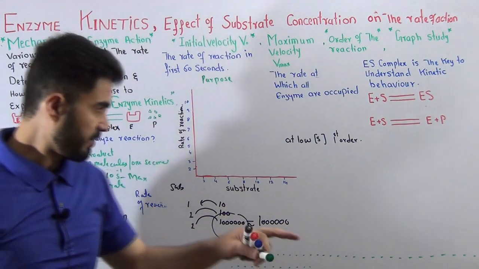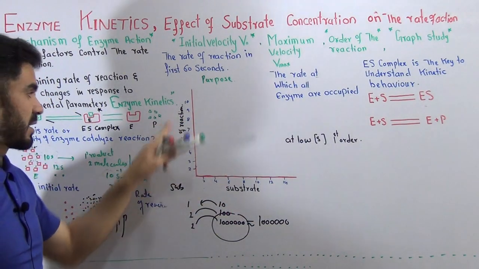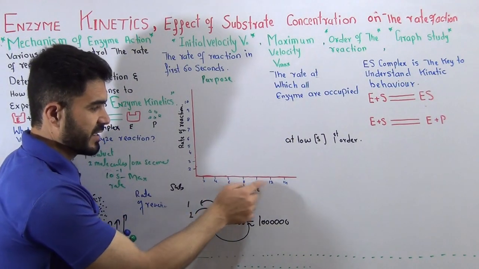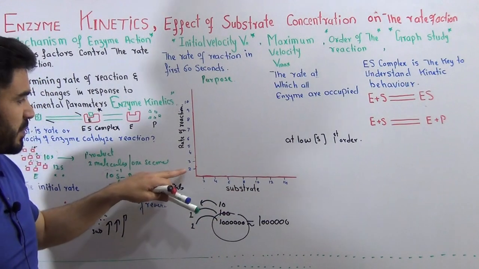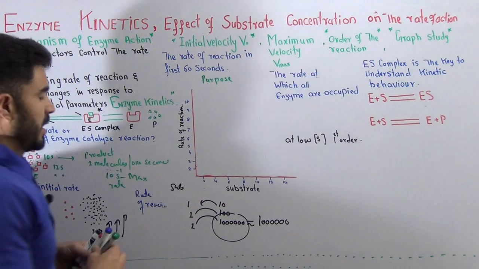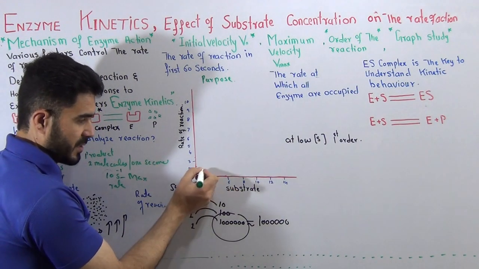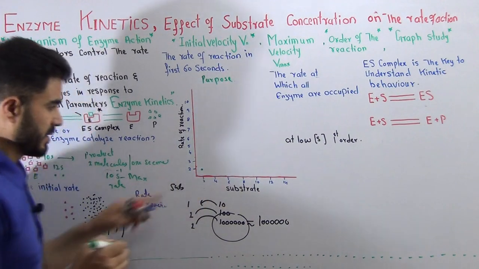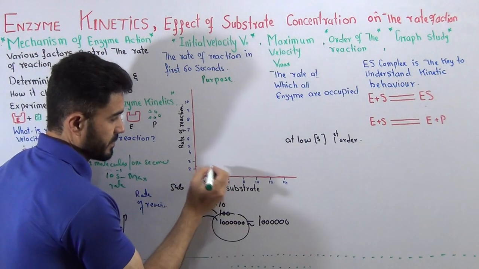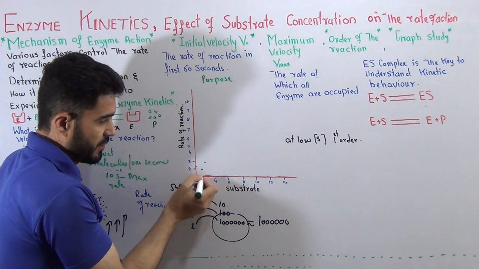Let's suppose we have a graph with the x-axis and y-axis, between the substrate and the rate of reaction. 2 substrate, 4 substrate, 6, 8, 10, 12, 14 substrate. Speed is 2, 3, 4, 5, 6, 7, 8. Let's suppose you have used 2 molecules of substrate, and at that time you had a speed of 2 molecules per second, and then you increase the substrate from 2 to 3.